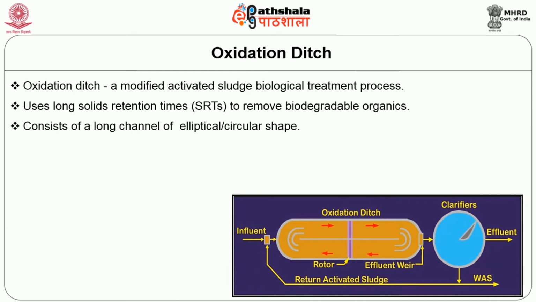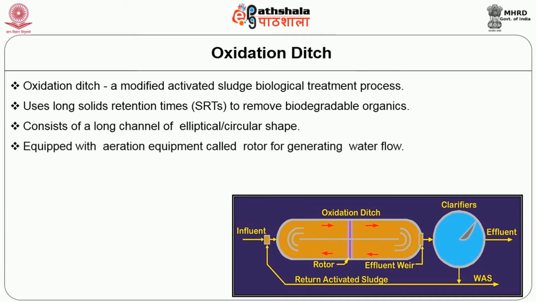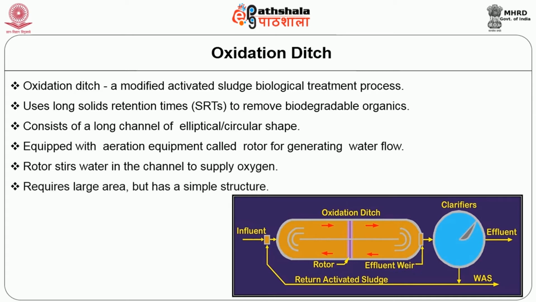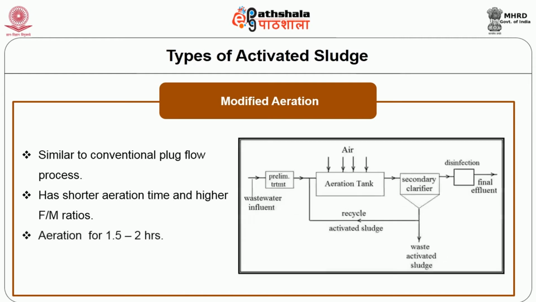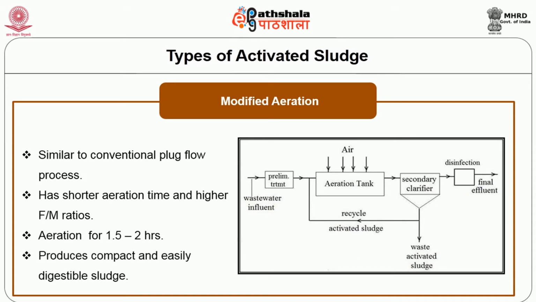It consists of a long channel of an elliptical or circular shaped equipment along with an aeration equipment called a rotor for generating water flow and stirring the water. It is similar to the conventional process, but has a simple structure with a shorter aeration time and a higher F/M ratio. The aeration is normally for 1.5 to 2 hours, and it produces sludge which is compact and easily digestible.